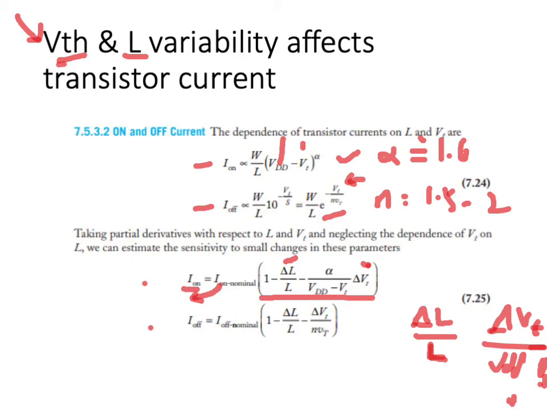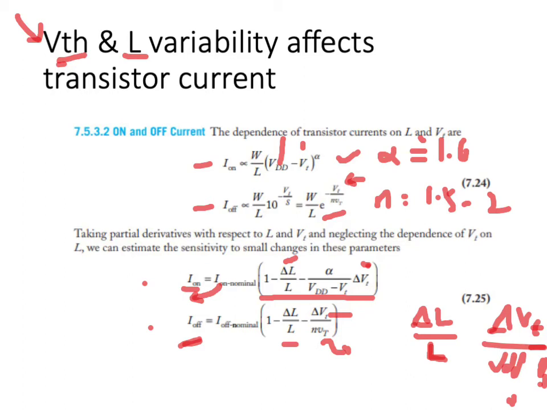But although on current varies by now maybe between 20+% depending on delta L, to about 2 to 3% depending on dVTH, it is the off current, the subthreshold leakage current, that sees the largest variation, right? Because here, of course, you still have that same 20 to 30% due to delta L over L, but the change in threshold voltage is now on the order of the thermal voltage, which is about 26 millivolts.